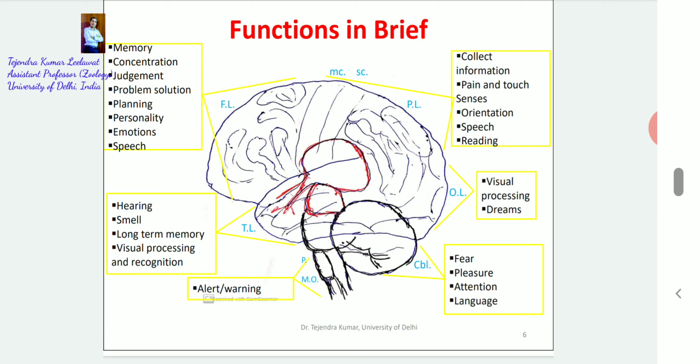But in spite of these, there are two other parts which I have not mentioned here that are also important. One is Broca's area and the other is Wernicke's area. Broca's area is related to the making of speech, whereas Wernicke's area is related to the dictionary.